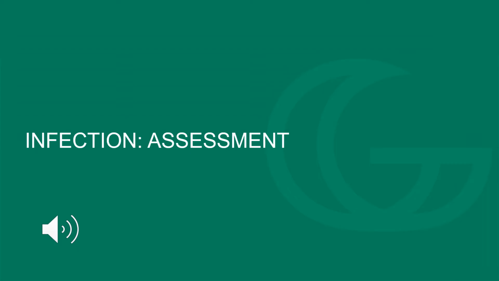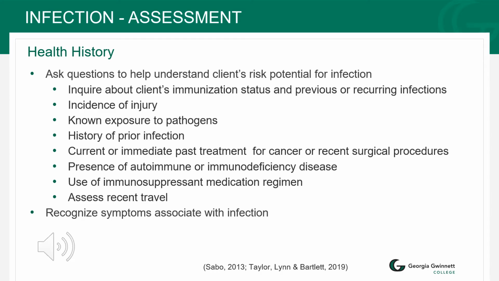Our learning outcome number 6 is to recognize signs and symptoms of infection, and you will be doing that through your assessment of the client. Some symptoms of different infectious diseases vary significantly between and within diseases.